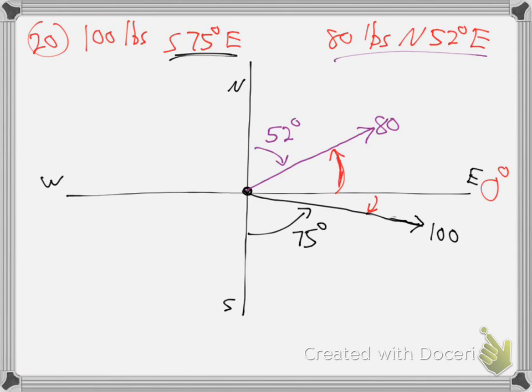What's this angle up here? How are we going to find that angle? 90 minus 52, huh? Because it's 90 all the way, take away the 52. 38 degrees. So that one's 38, good. How about the other one? 15. Yeah, well, negative though, right? And that does matter.